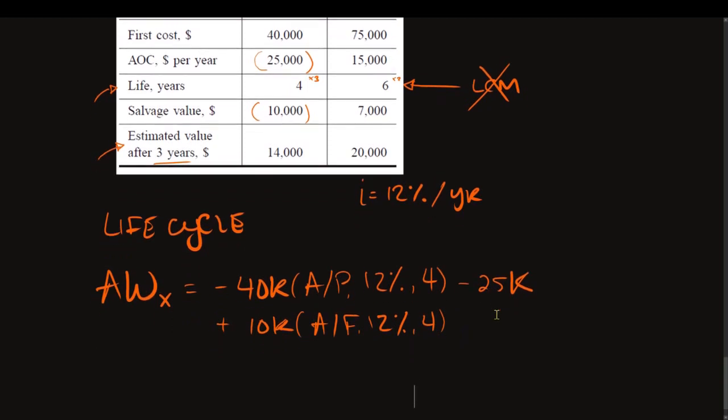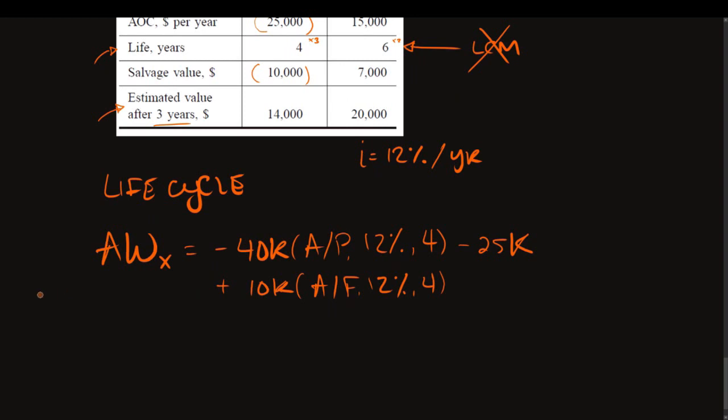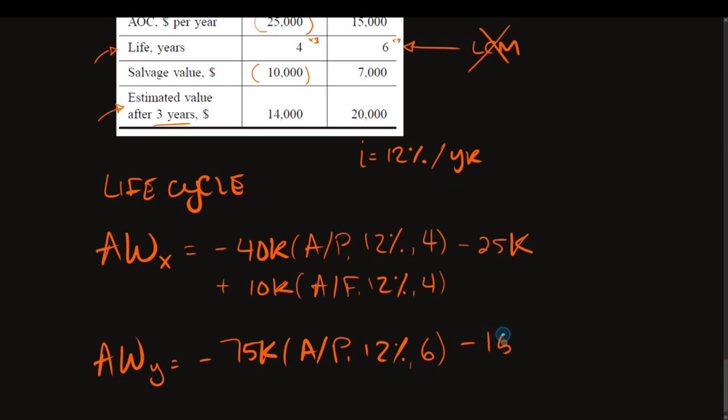Now the life cycle costs for the second one are going to be the same structurally, right? You have the upfront cost, which was 75K, A given P, 12%, and that would not be for 4 years because it's good for 6. So you have 6 years. Then you have the annual costs, which is only 15K, so it's more expensive up front, cheaper to run per year.